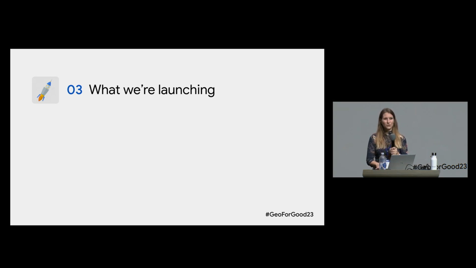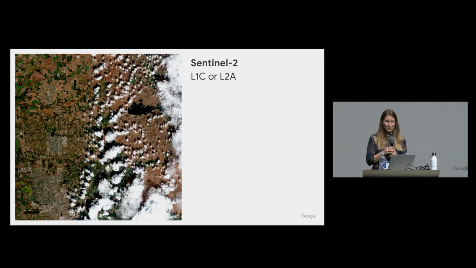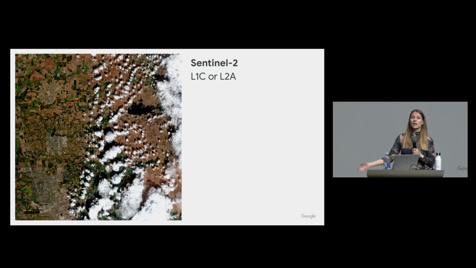But for those of you who care a little less about how we built it and more about how the heck we are going to use it, what it even looks like in Earth Engine, this is the section for you. So again, we are running our giant Cloud Score Plus model for the Sentinel-2 archive. And when I say Sentinel-2, the Cloud Score Plus results are generated from the Sentinel-2 L1C collection.